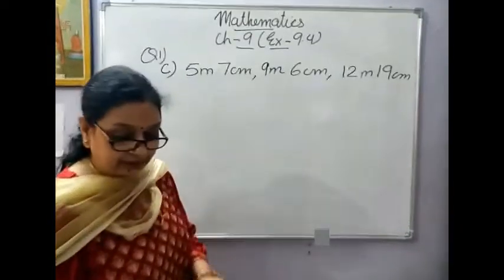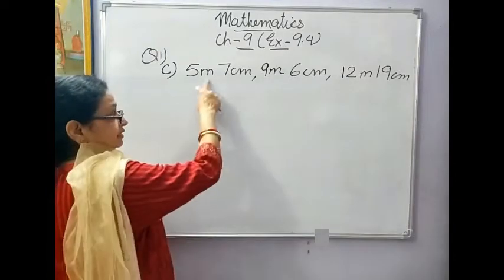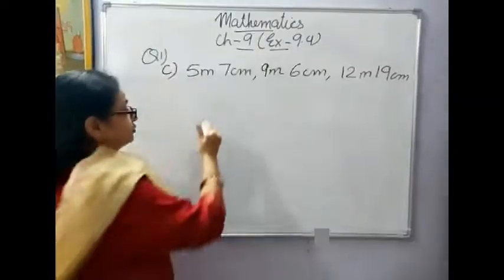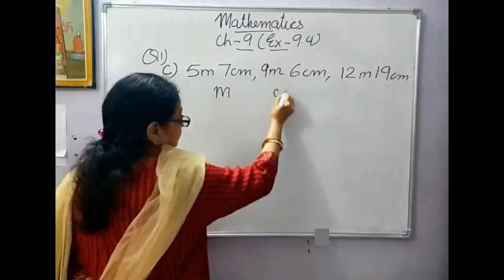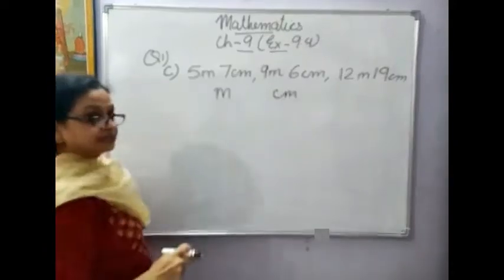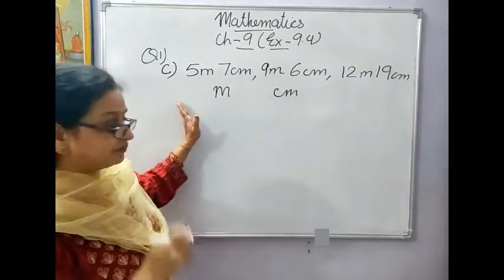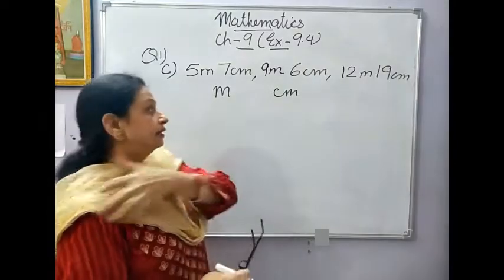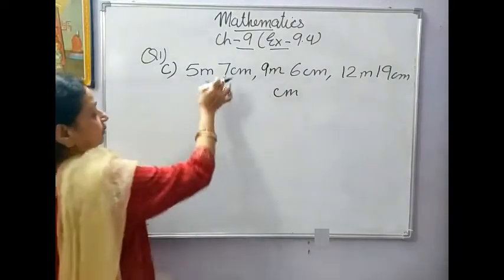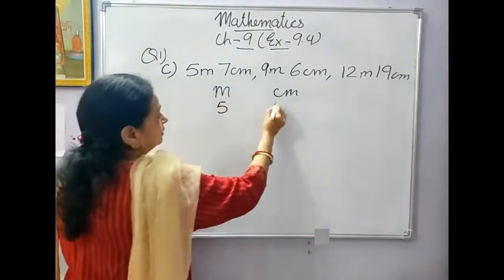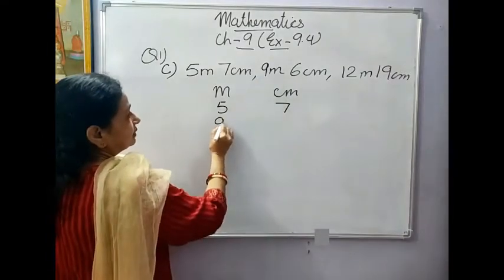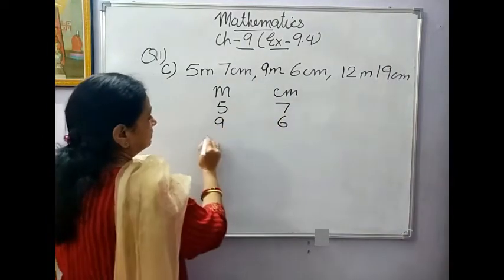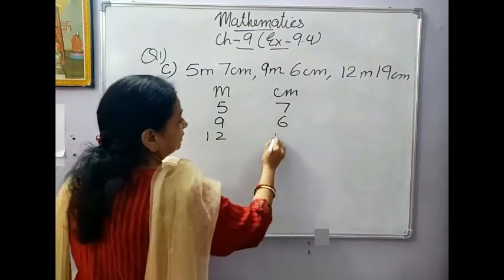So how many columns should be there? Meter, centimeter, so there will be 2 columns only. Always remember to write the higher unit on the left hand side and the smaller unit on the right hand side. So now we will copy down 5, 7, second sum, 9, 6, 12 and 19.